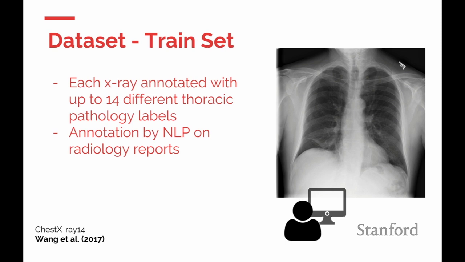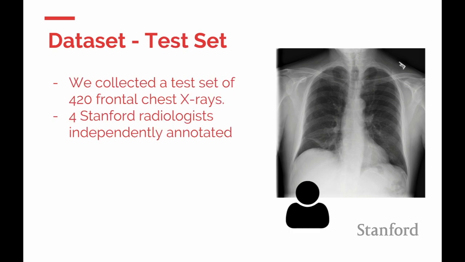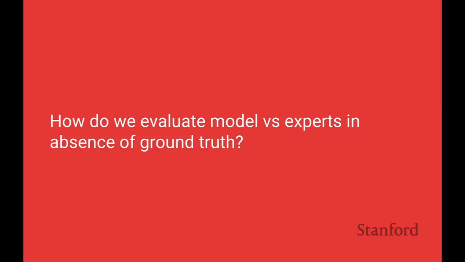The way this annotation works is there's an NLP system which reads a report and then outputs for each of several pathologies, whether there is a mention, whether there is a negation, like not pneumonia, for instance, and then annotates accordingly. And then for a test set, we had 4 radiologists here at Stanford independently annotate and tell us what they thought was going on in those X-rays.